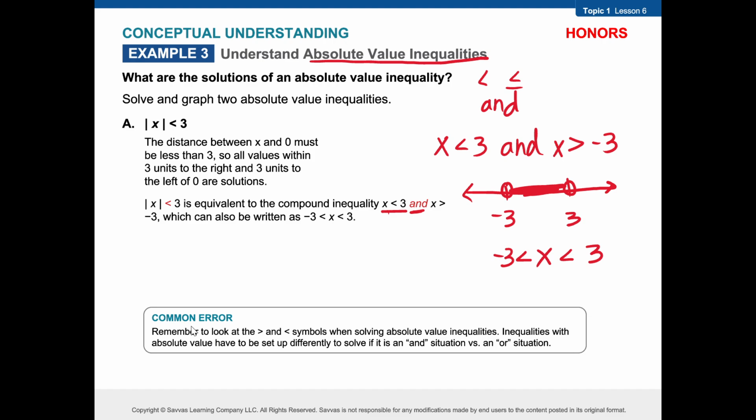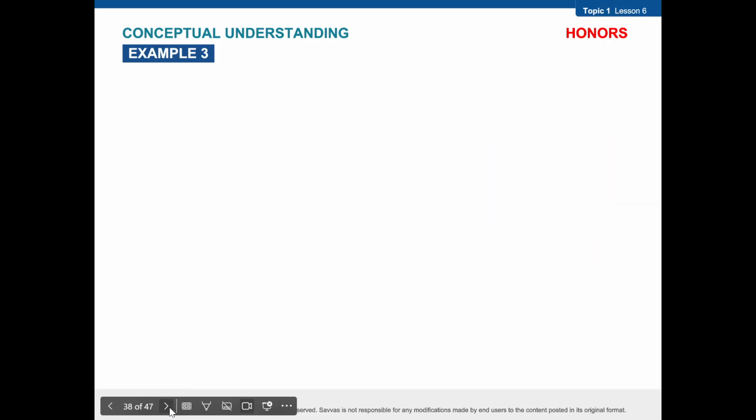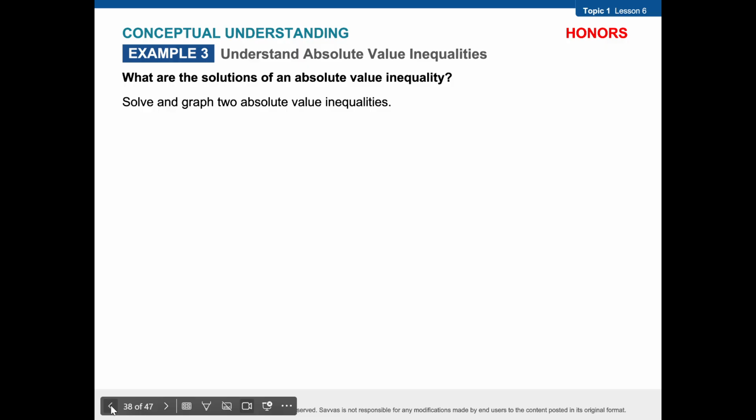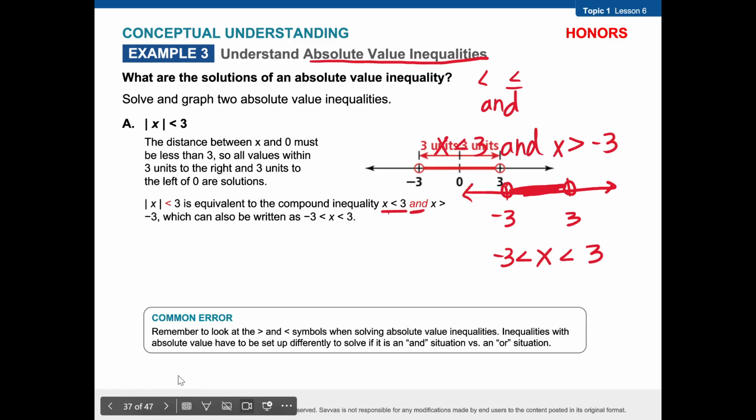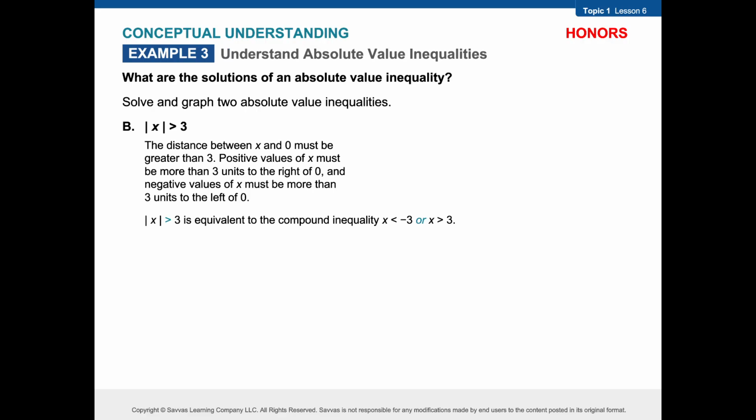When you see that it's greater than, those are going to be your ors. So here the distance between x and 0 must be greater than 3.